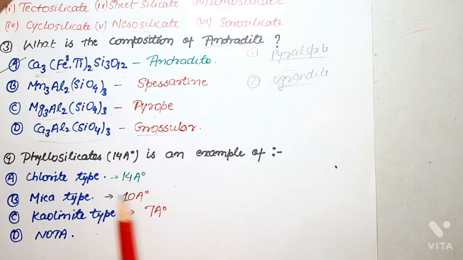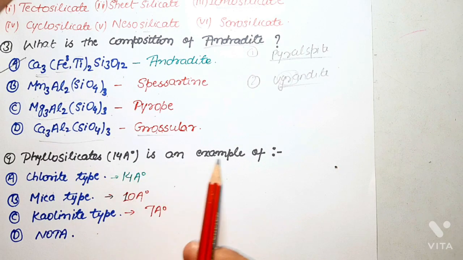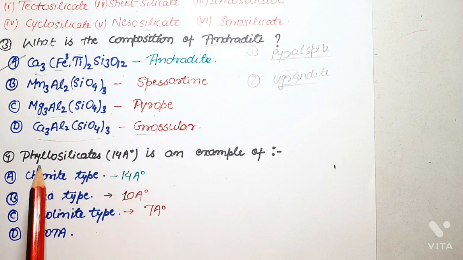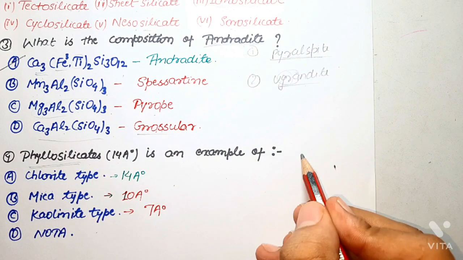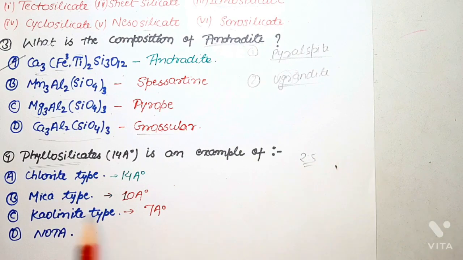Next question says, phyllosilicate 14 angstrom is an example of. So as we know, phyllosilicates are also known as sheet silicates, and the Si:O ratio is 2:5. In the option itself, chlorite, mica and kaolinite all belong to phyllosilicate, in which chlorite has 14 angstrom dimension, mica type has 10 angstrom, and kaolinite is an example of 7 angstrom.